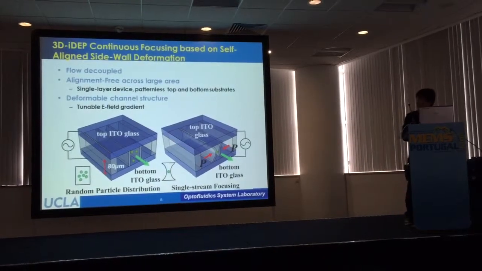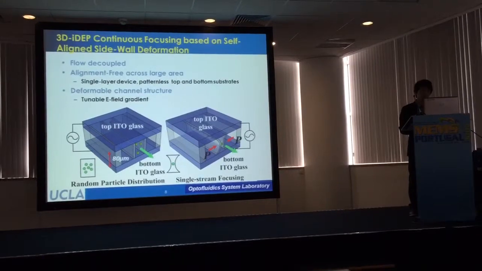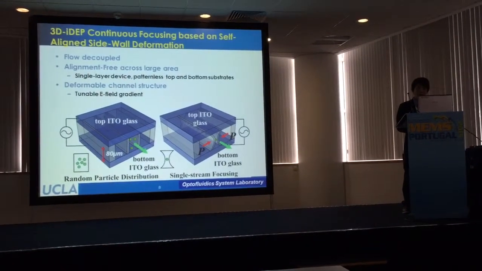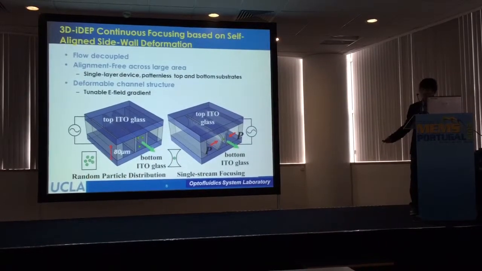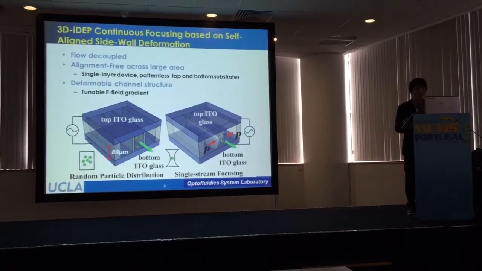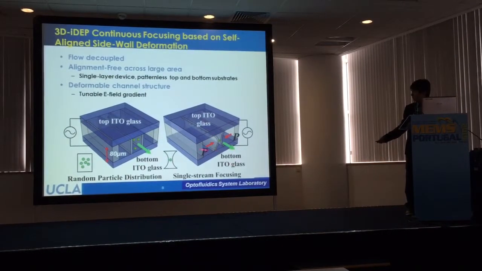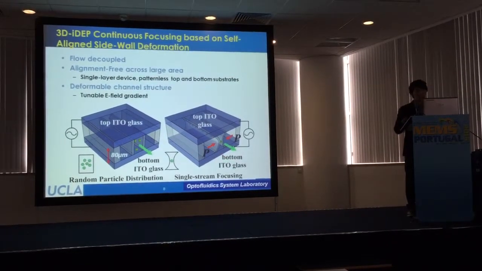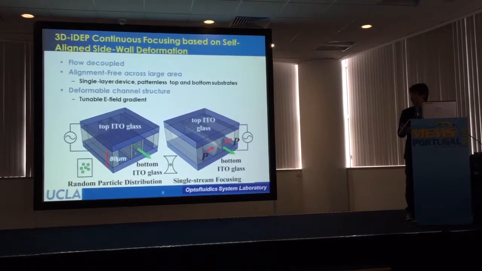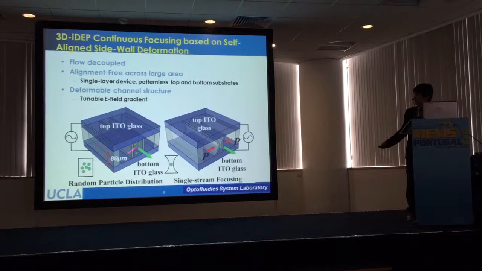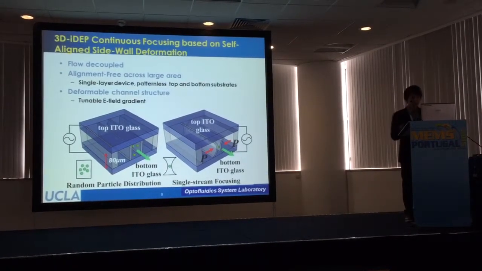So this is a schematic of our device, which solves all the limitations I just mentioned in DEP single-stream focusing. First, the DEP manipulation plane is always kept perpendicular to the flow direction. This is what we propose as the flow decoupling concept, which decouples the E-field plane from the flow direction. Second, we fabricate a large area single-layer PDMS thin film sandwiched between two conductive patternless substrates without alignment.